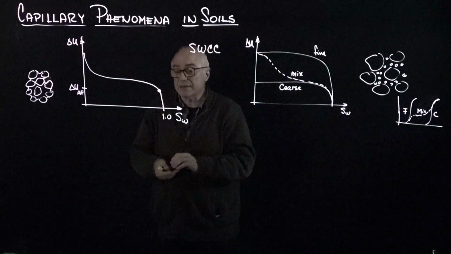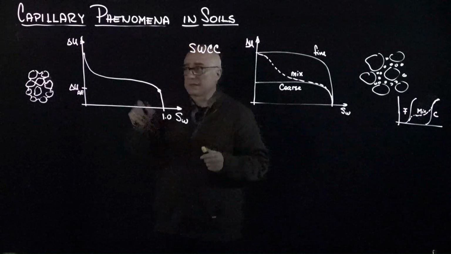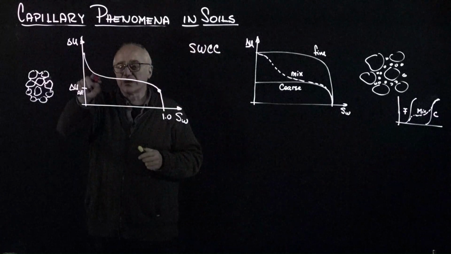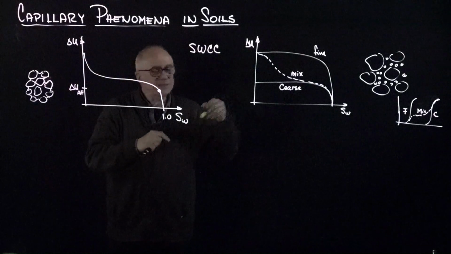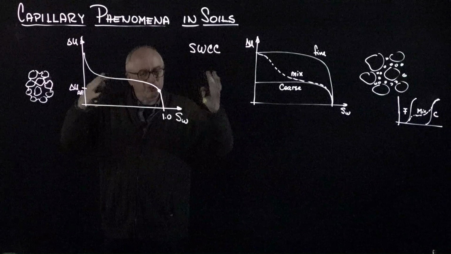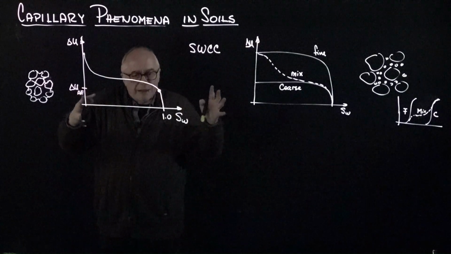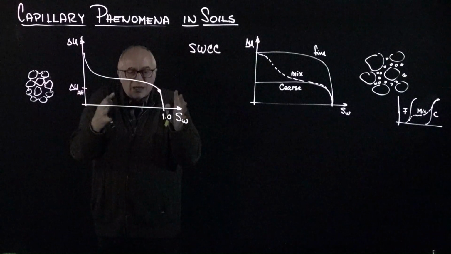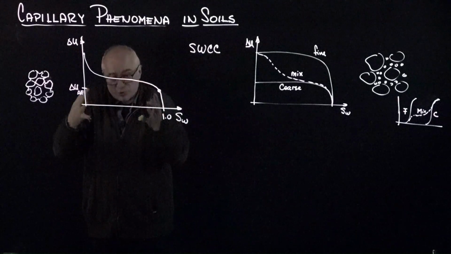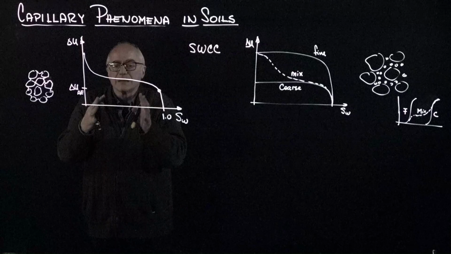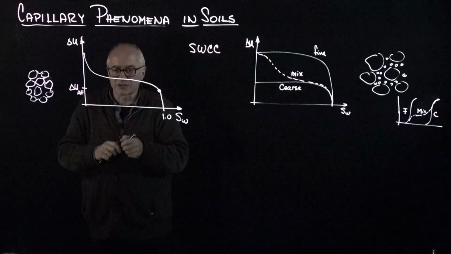There are other things that occur in this lower end where we tend to see the tail going up. Any fines that were floating in the system are going to migrate with the water, and they're going to concentrate, aggregate, probably flocculate near the contacts of the large grains.